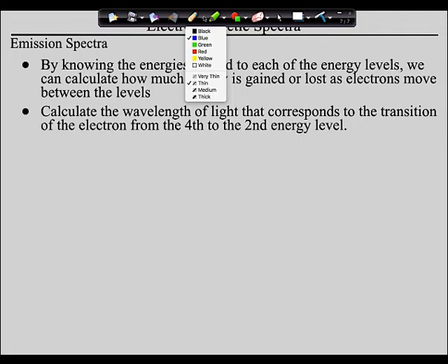Everything will assume that it's hydrogen. We have no ability to solve it if it's not. Yeah, guys, make sure you get this in your sheet. It's 2.18 times 10 to the negative 18th joules.